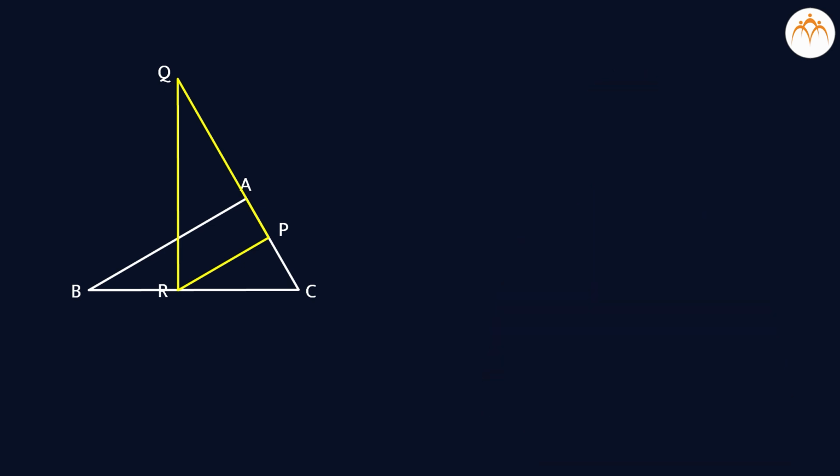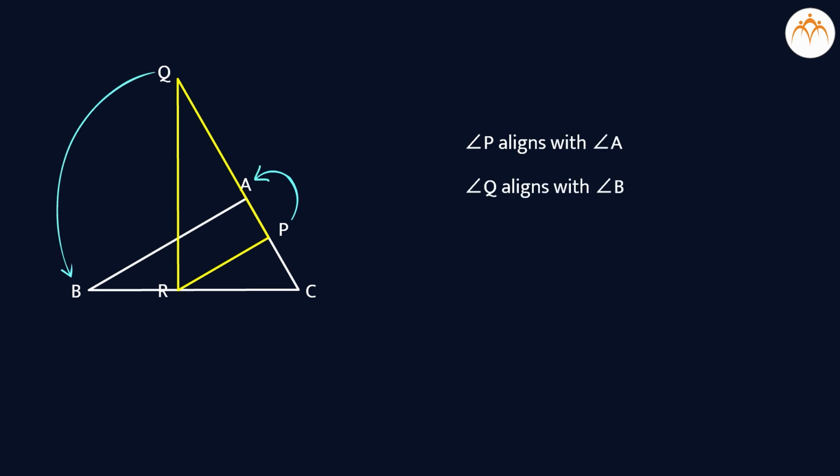This means that if angle P aligns with angle A, angle Q aligns with angle B, and angle R aligns with angle C, then triangle ABC and triangle PQR match exactly, and we can say triangle ABC is congruent to triangle PQR. Thus, we must remember that while examining for the congruence of two triangles, the angles and sides must be written in a specific order, that is, with a specific one-to-one correspondence.